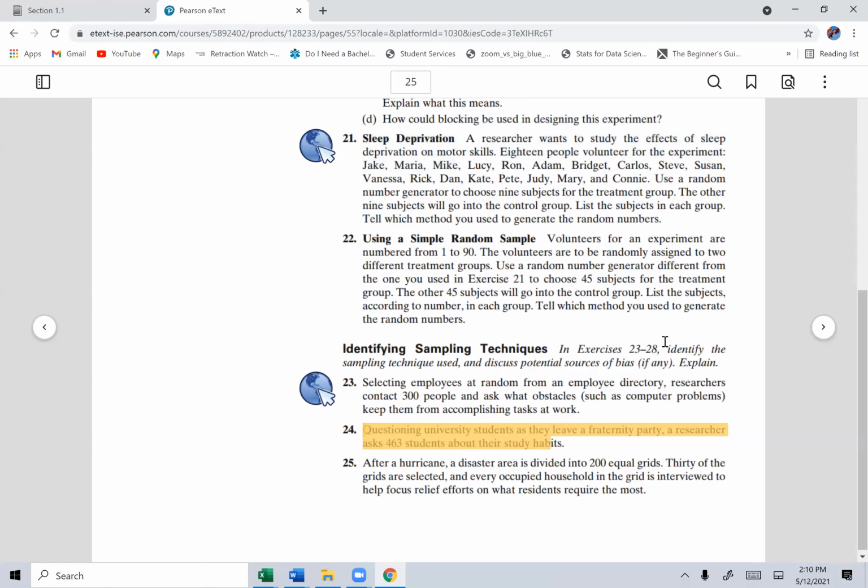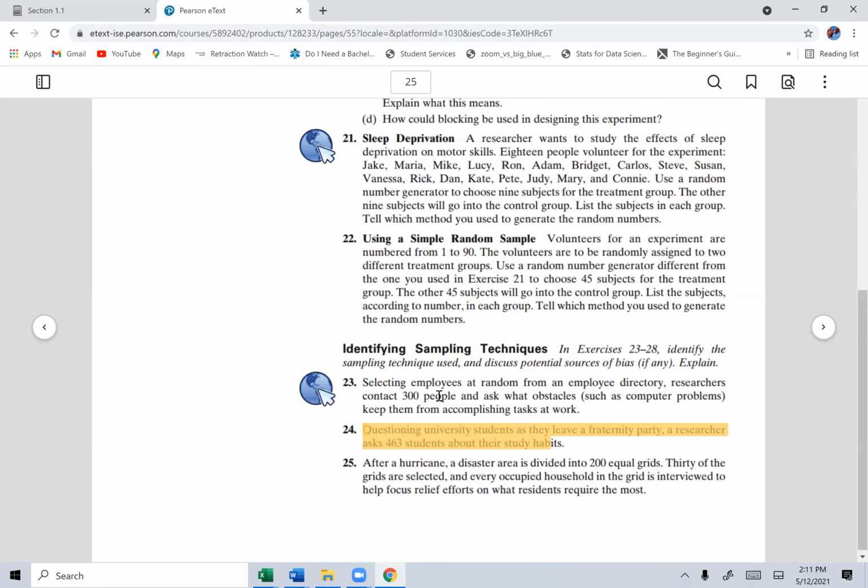The first one is simple random sample, stratified, cluster, systematic, convenience. 23. Selecting employees at random from an employee directory. Researchers contact 300 people and ask what obstacles, such as computer problems, keep them from accomplishing tasks at work.